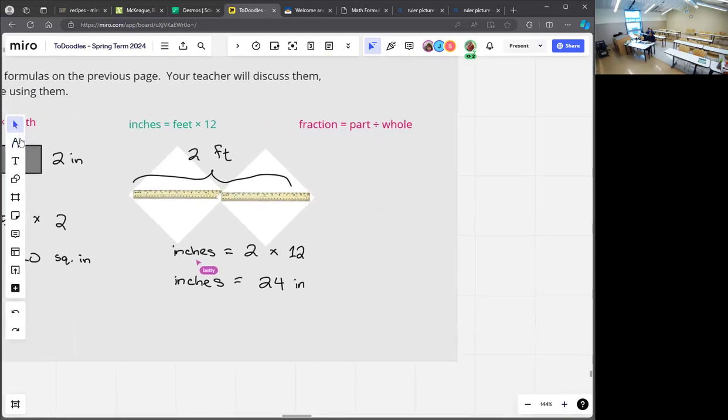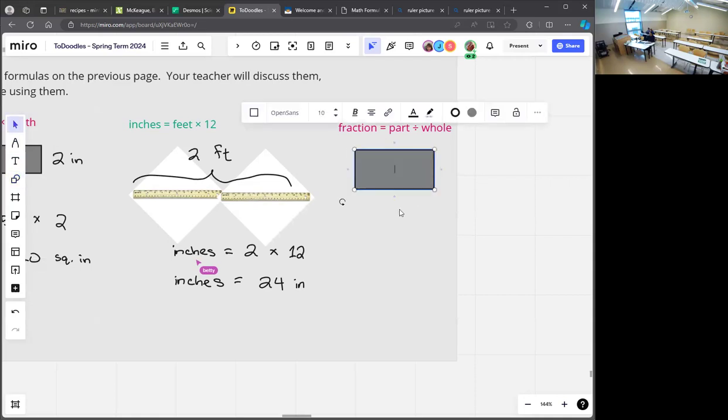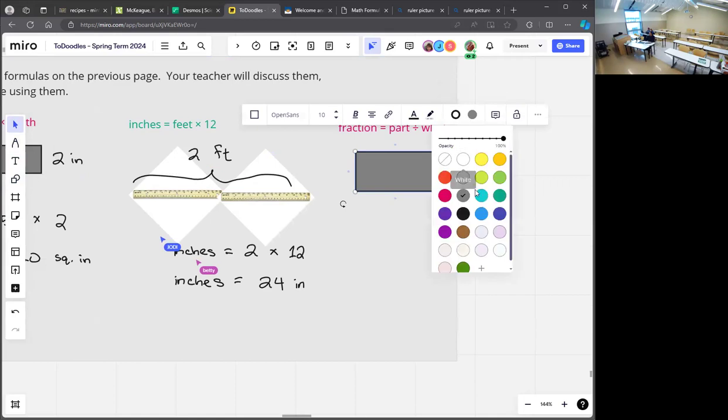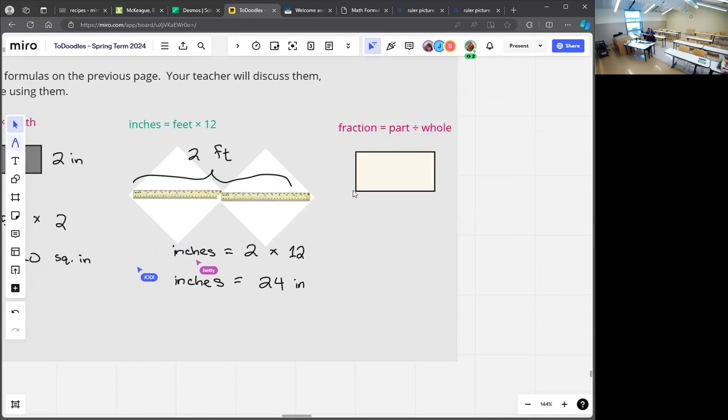And as a last example, fraction is part divided by whole. So if I say there is a brownie, let's make it a more interesting color. I'm gonna cut my brownie into 6 pieces, and Nikki gets these.